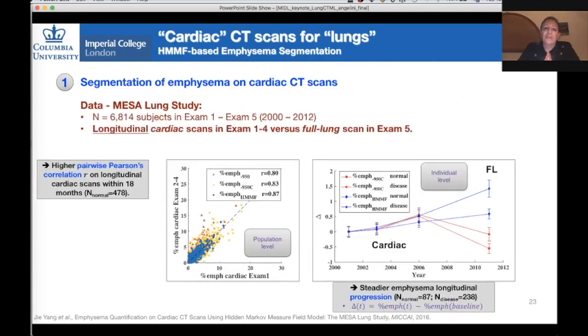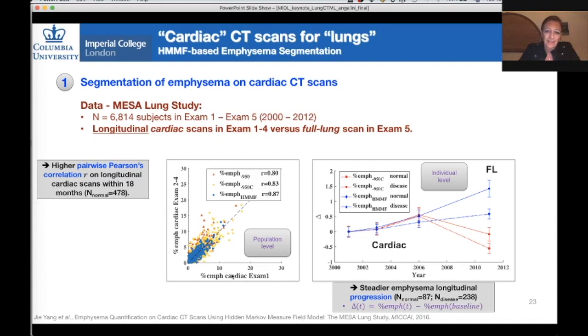The second thing we did as an evaluation is to exploit the fact that we had longitudinal cardiac scans in exams 1 to 4, and then a full lung scan in exam 5. So we looked at the pairwise correlation on those longitudinal scans within a very short time period of 18 months, among normal subjects, where you expect a very small increase in percent emphysema.